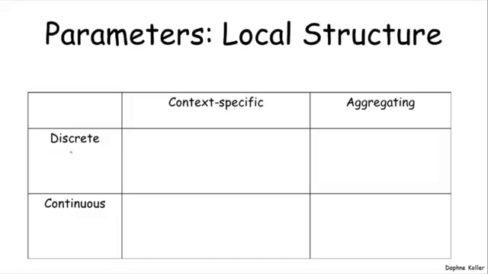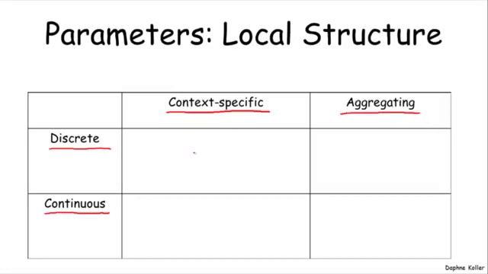One is whether they're intended to deal primarily with discrete or with continuous variables. And on the other side is whether the type of structure that they encode is context specific, where a variable might make a difference in some circumstances and not in others, versus aggregating of multiple weak influences. And so let's give an example of each of these categories.